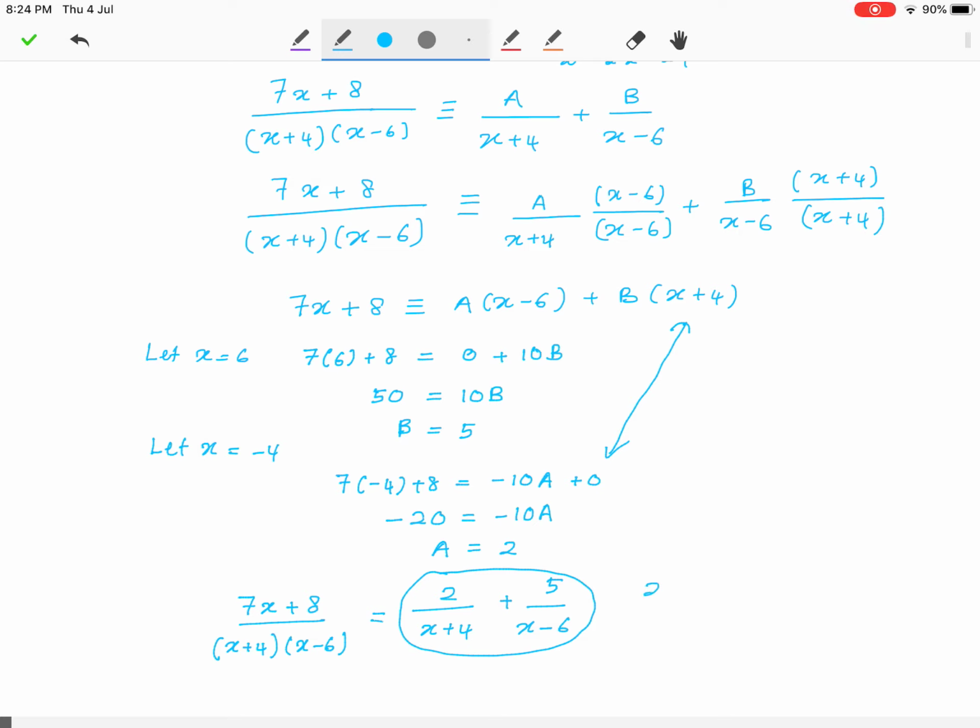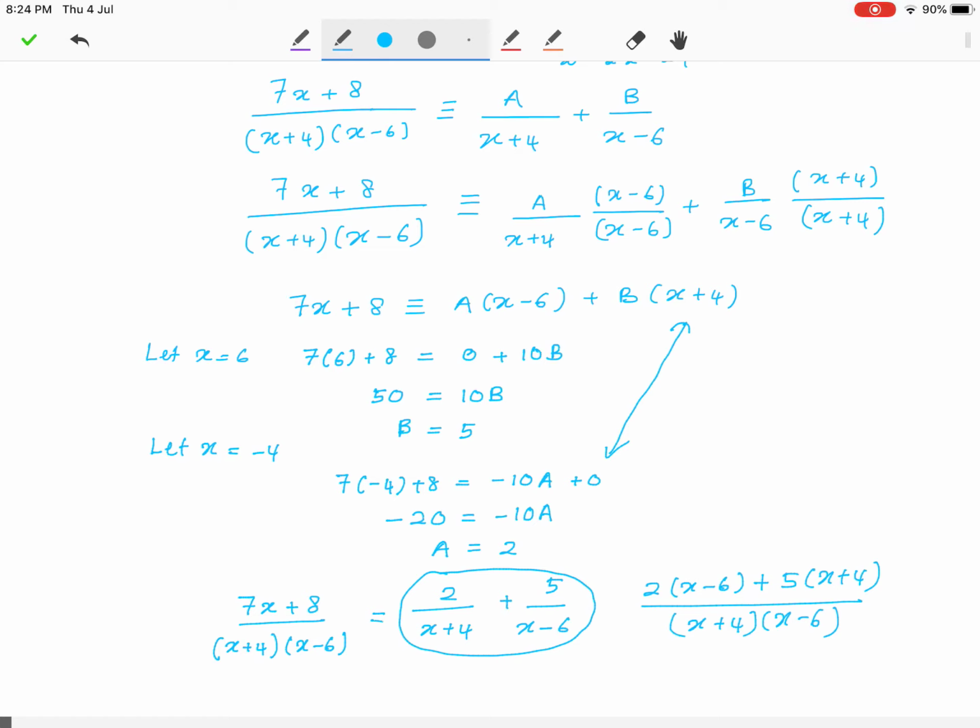So you can see that I have 2 times x minus 6 plus 5 times x plus 4, over x plus 4 and x minus 6 here.